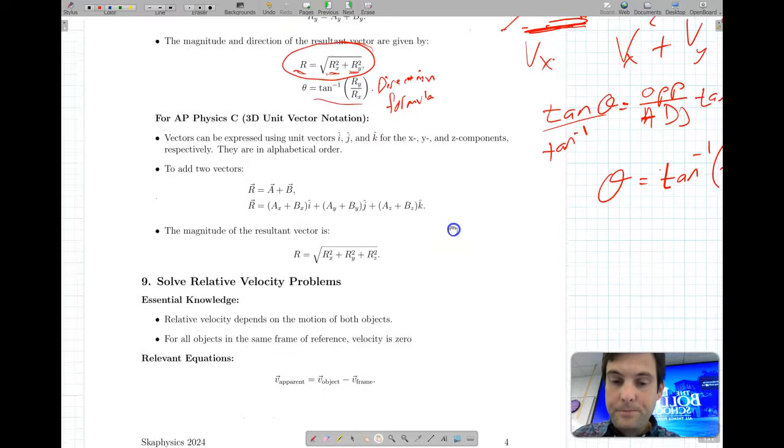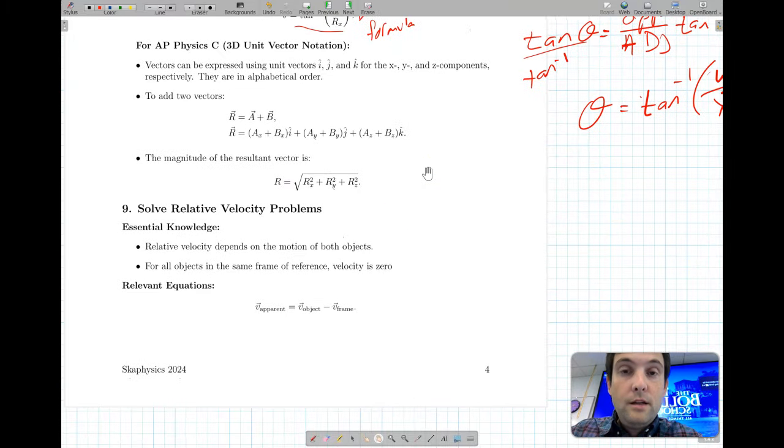In AP Physics C, we deal with three-dimensional motion. We can still add vectors mathematically. To do that, though, we're going to use our unit vectors i hat, j hat, and k hat. We don't do it too often because it doesn't pop up too often, at least it hasn't popped up too often for the x, y, and z components.